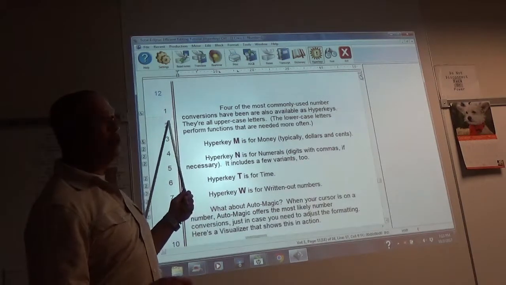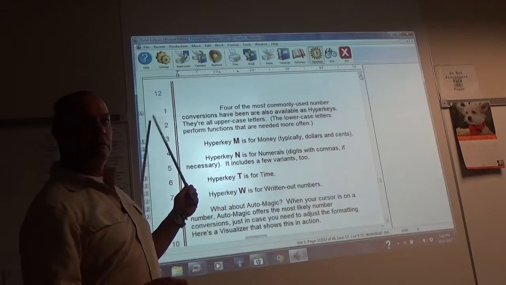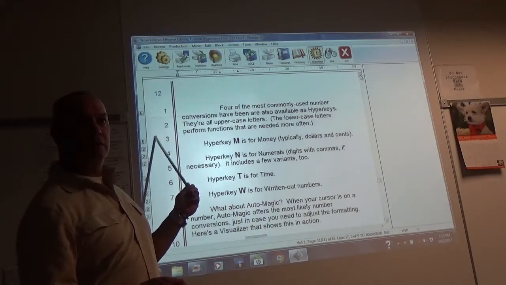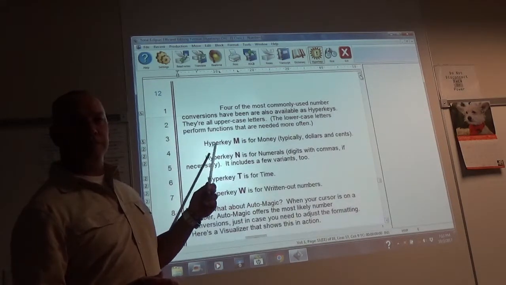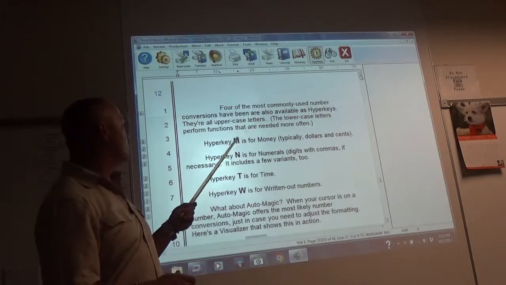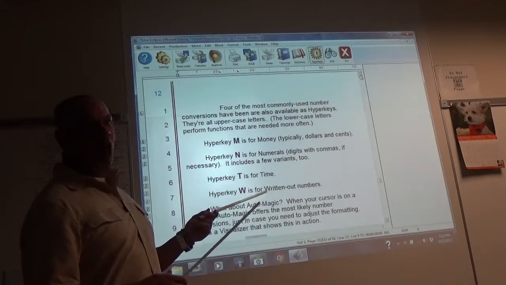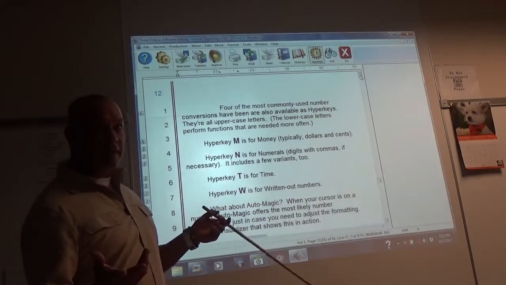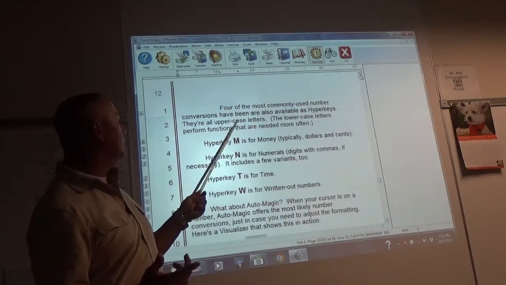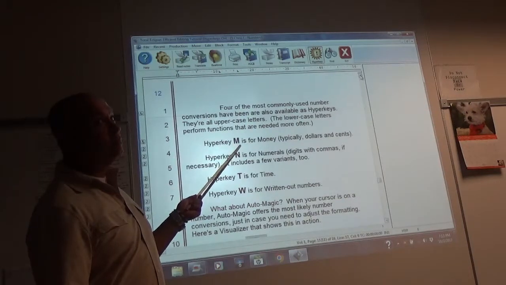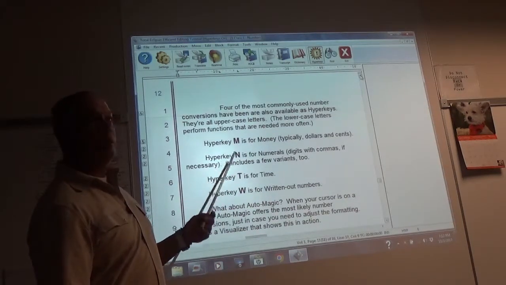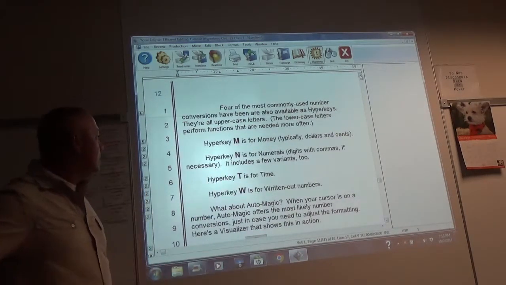It's also going to give it to you in the automagic, okay? You should always get these. Always. But if it doesn't, what is it? Shift M. I thought Shift W was written out.